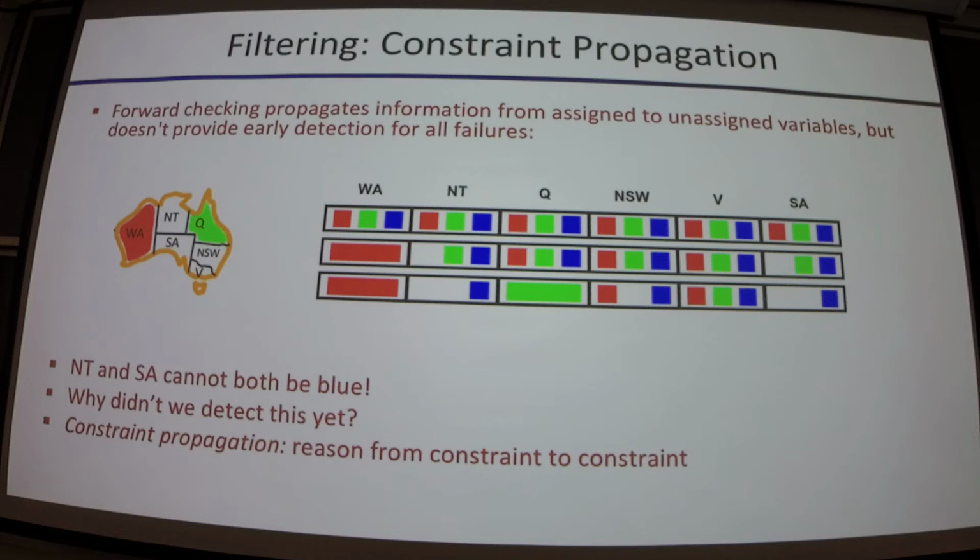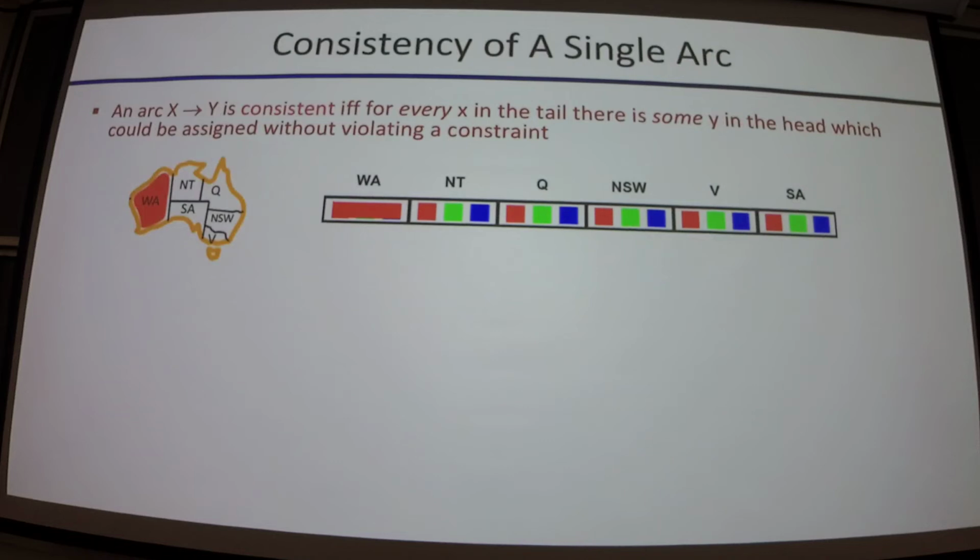So we're going to add some notion of constraint propagation. This is where we're going to reason from constraint to constraint. And to do so, we have to introduce some terminology. We're going to introduce something called an arc, okay? An arc is a directed edge between two states. So it's not a constraint, which is an undirected edge.